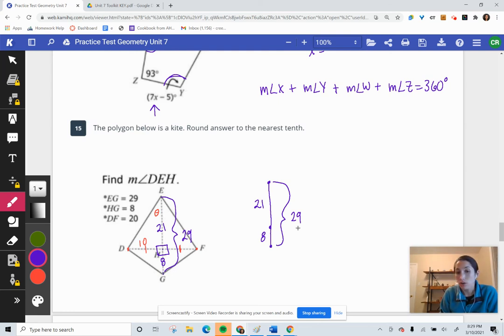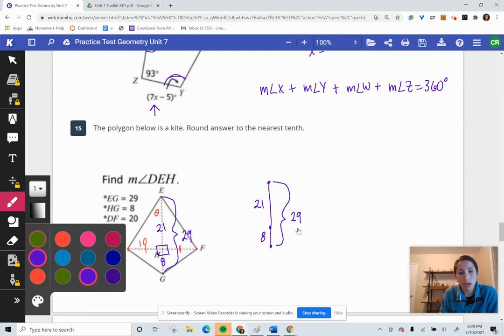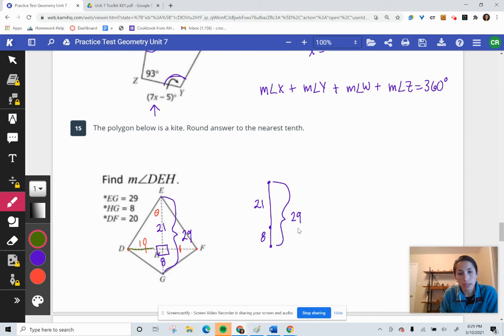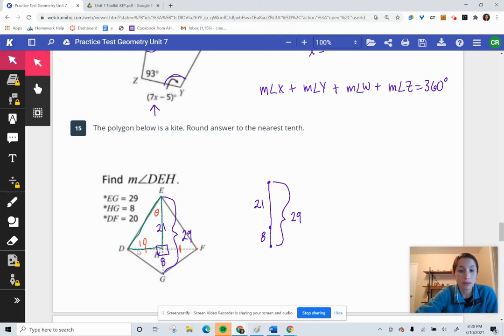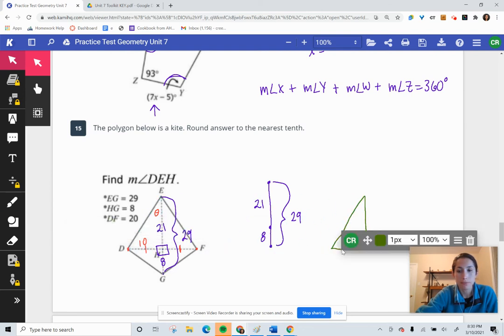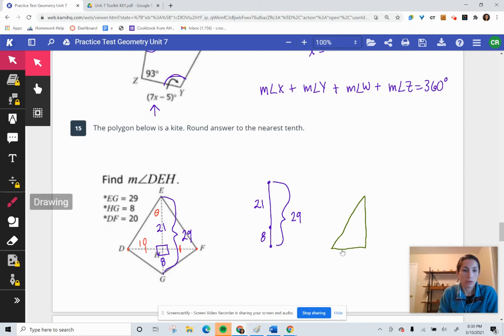Now we have a right triangle that we can essentially focus on. So that right triangle would be here. We have a side length 10. We have a side length 21. We have an angle we're solving for, DEH. So you're going to use an inverse sine, cosine, or tangent ratio to solve for that. I'll put my angle measure back there.